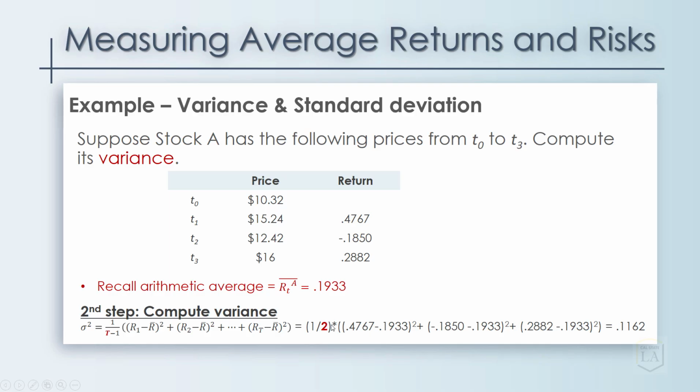Then finally, you multiply that by 1 over t minus 1. Once again, you had 3 returns, so t was 3, and subtracting 1 becomes 2. If you do the calculation, you will see that the variance is 0.1162.